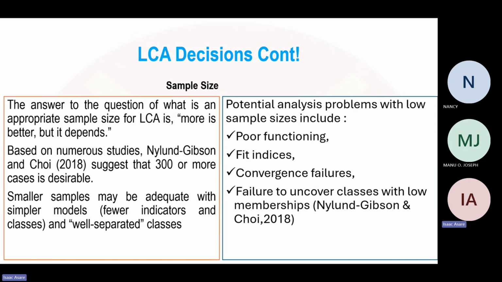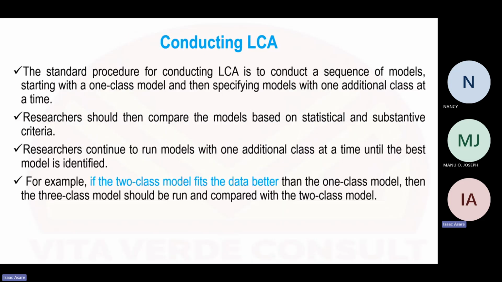And remember, we want to make a decision, and the decision should be based on a large sample size. So if you find some of these things in your future analysis, it could be as a result of the sample size. That is why you're unable to get a good estimate.